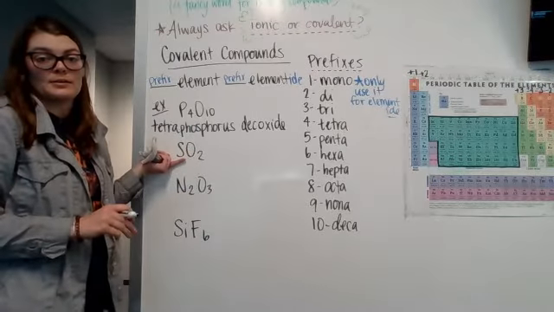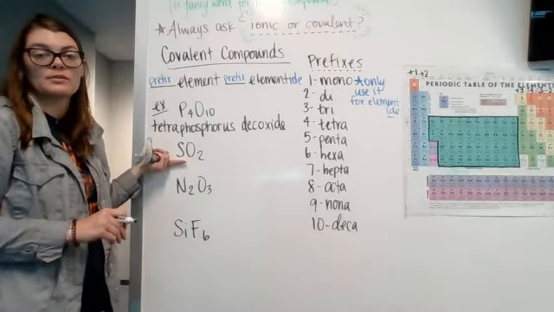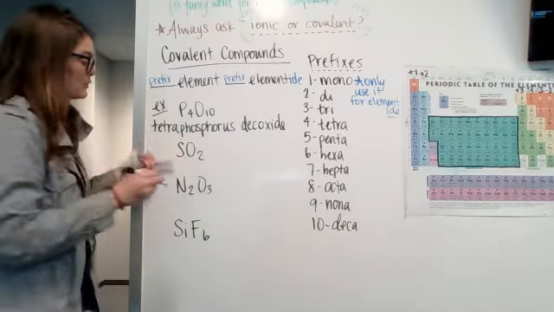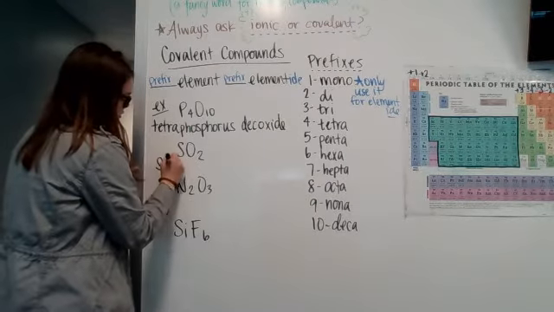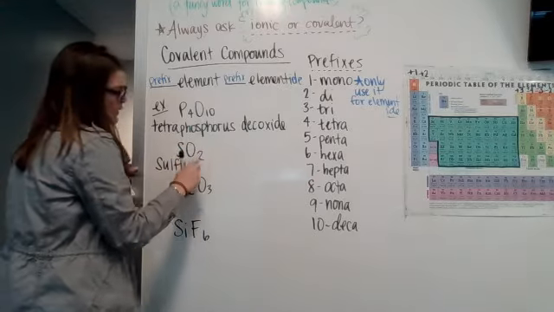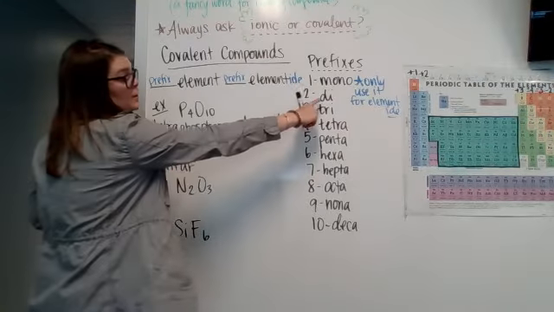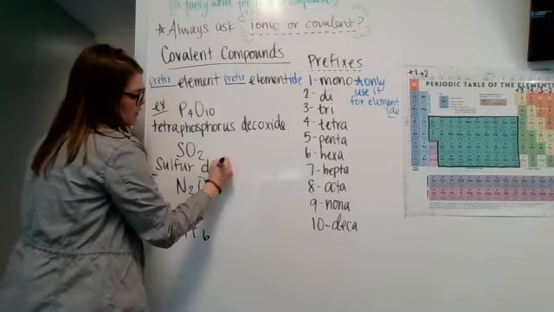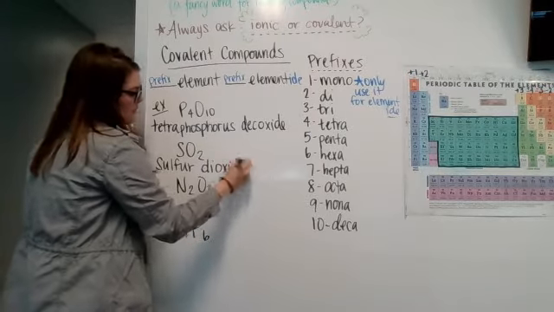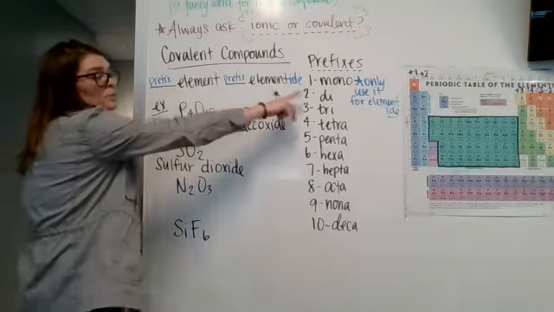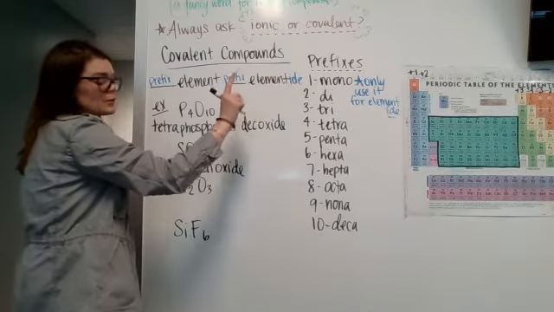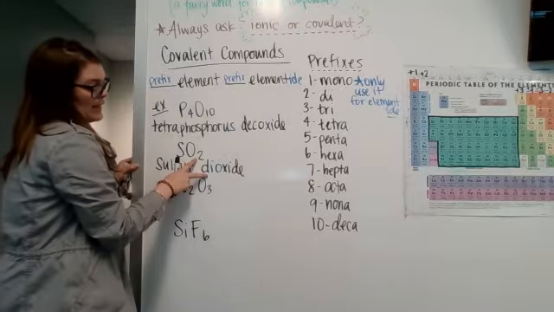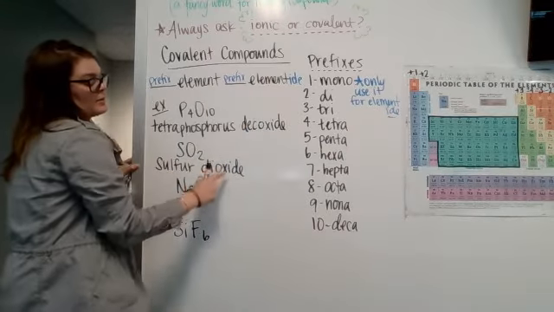There's only one S here. Okay, so the first element, there's 1. We will not use mono for that. So it's just sulfur. And then 2 O's, dioxide. Okay, so prefix would be mono, but we don't use mono for the first one. So element, sulfur, prefix, di, element with -ide, oxide.